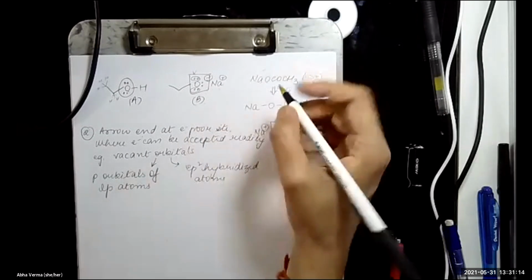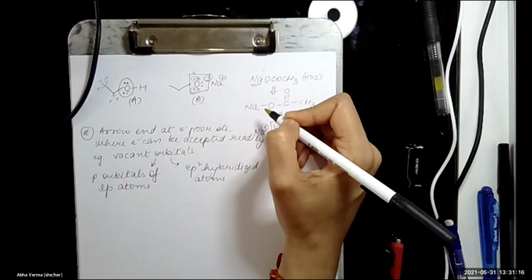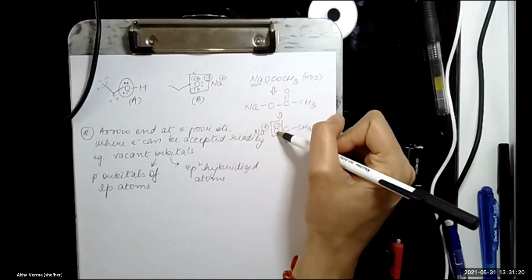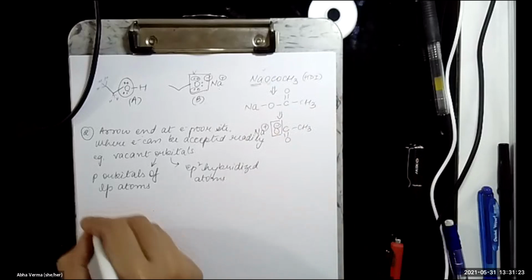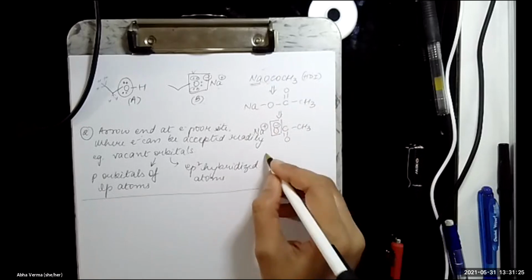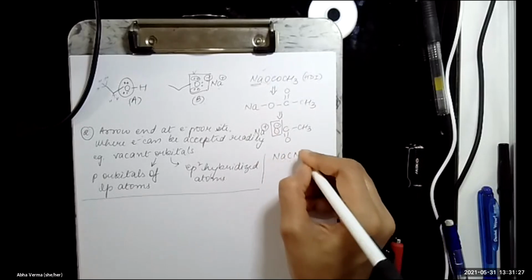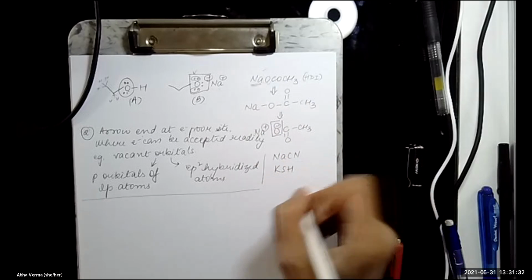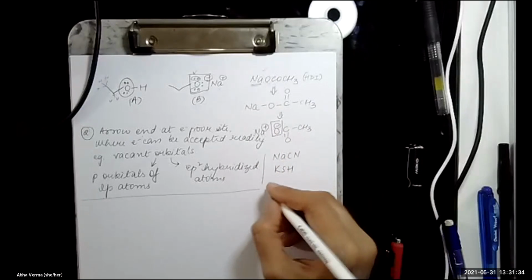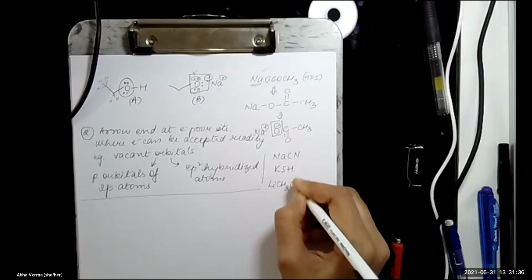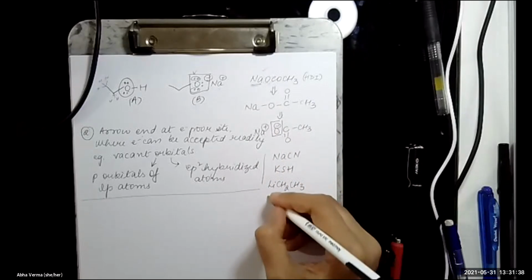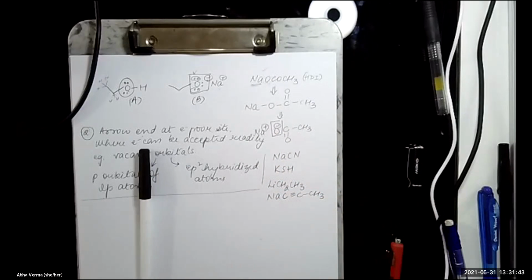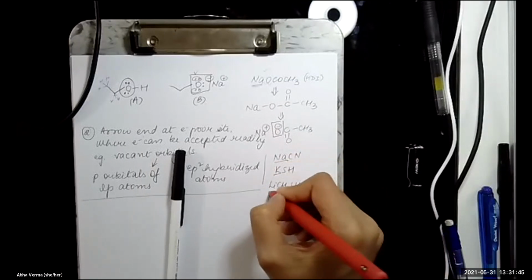So also remember that metal ions will help you make the atom next to them negatively charged. So for example, if you have NaCN or potassium thiol or lithium CH2CH3 or sodium acetylide, just know that these are the metal ions.